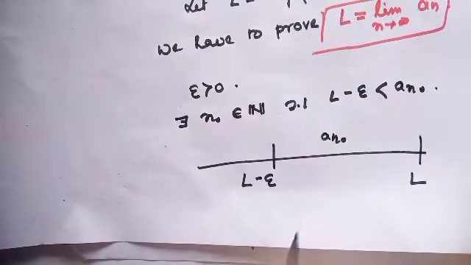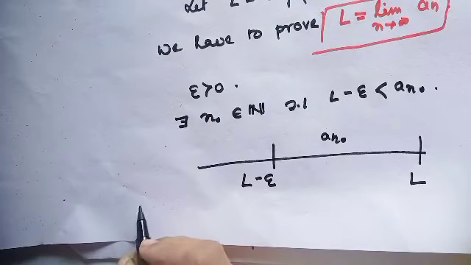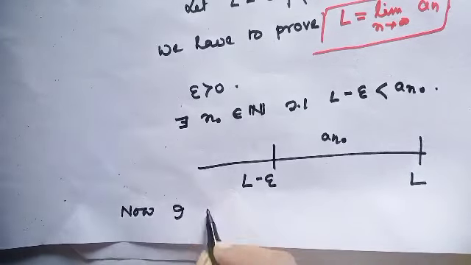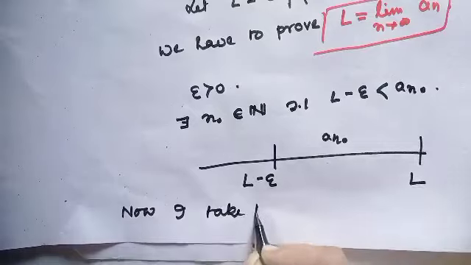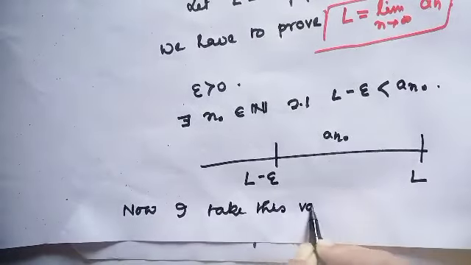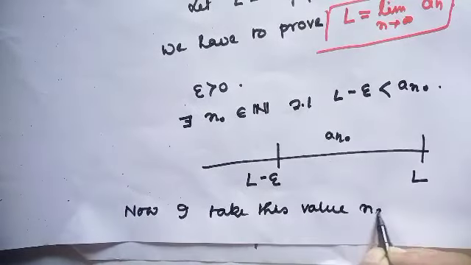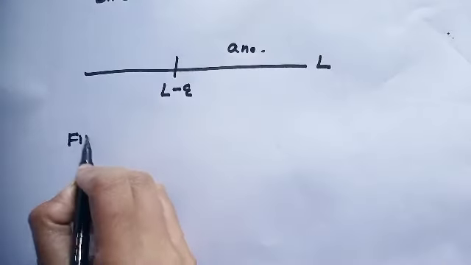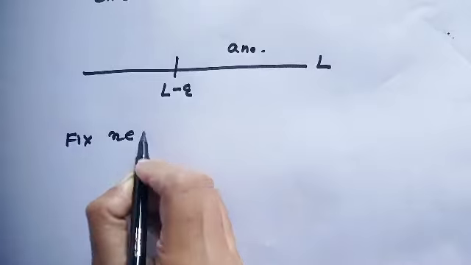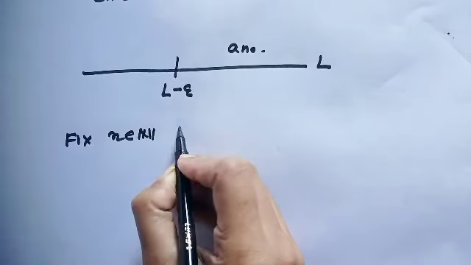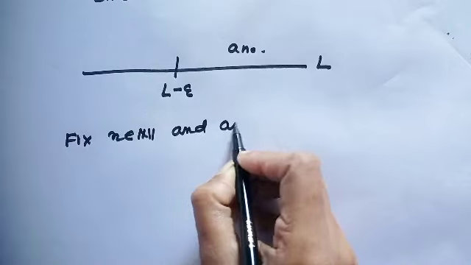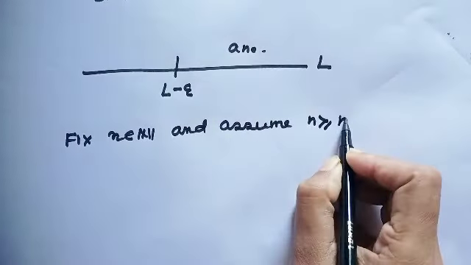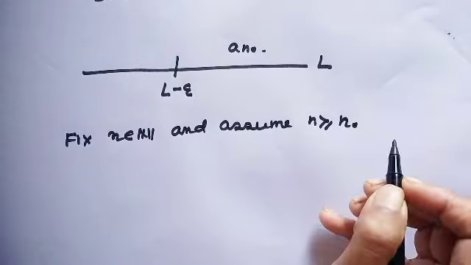Now I take this value n naught. Okay, fix n belonging to the natural numbers and assume n greater than or equal to n naught.